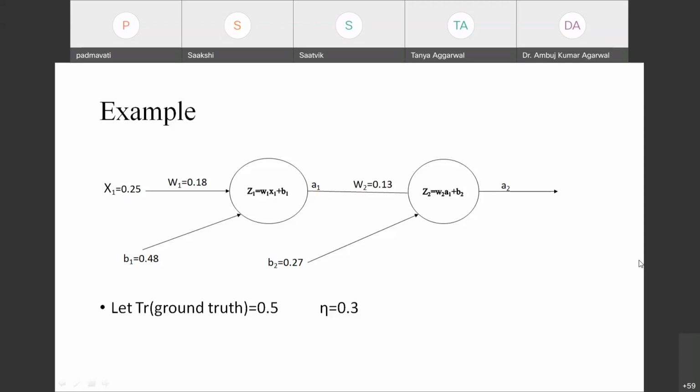So let me write down the values, compute the A2 as well.